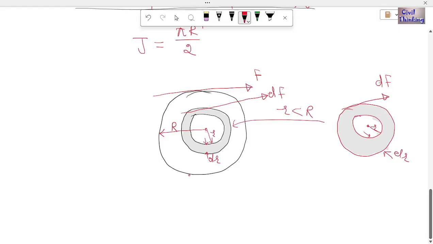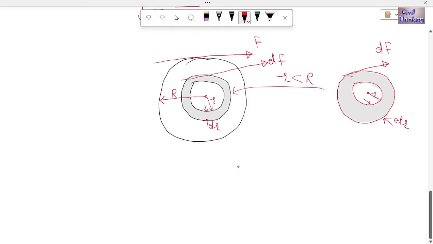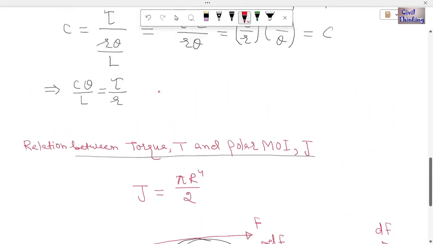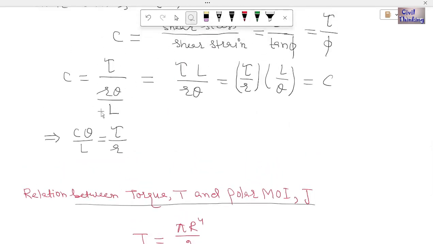So we can write dF to be what? We know force is stress multiplied by area. This is the basic definition of a force. What kind of stress do we have? We have this shear stress.